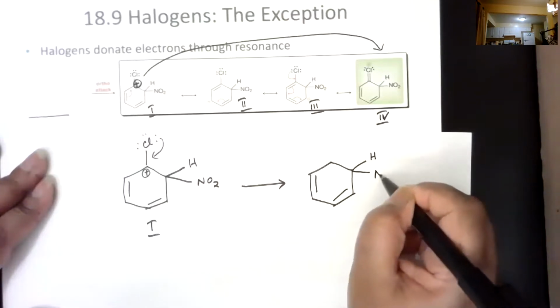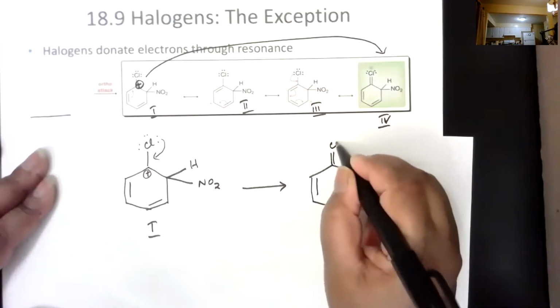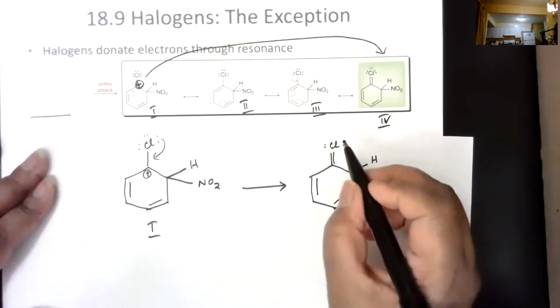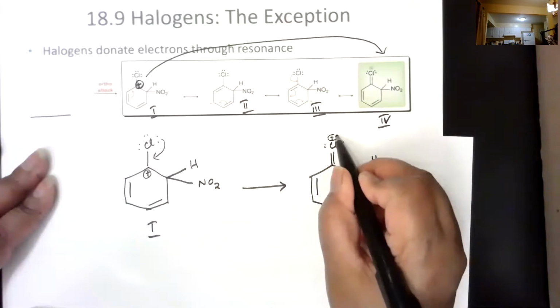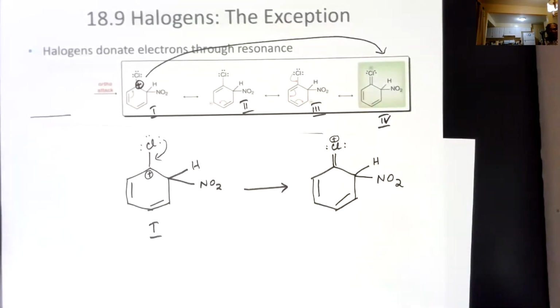Remember to review drawing resonance structures, look at patterns. Okay, so what does Cl do? Cl says, okay, I will take the positive charge over. See that?